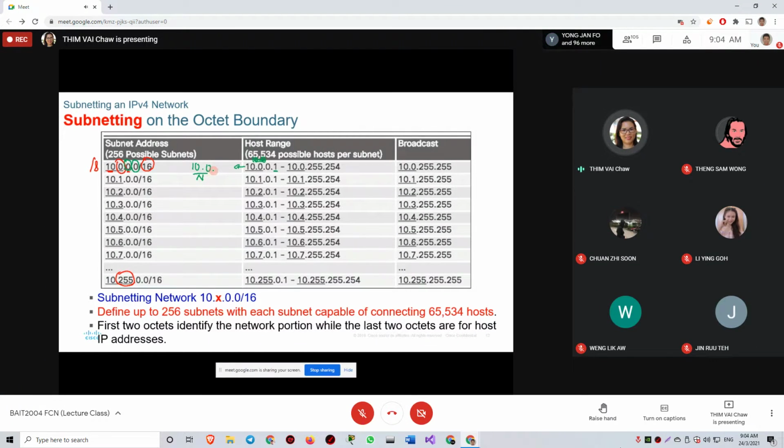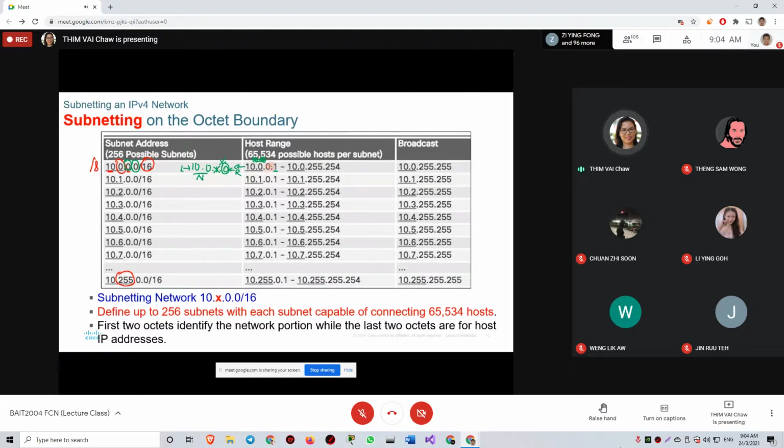Then we start to change our host. We start from here, 1.0. Cannot. Okay, because network portion is from the left hand side, host portion is from the right hand side. So when you change the bit pattern, you change from this byte onward, not this byte.